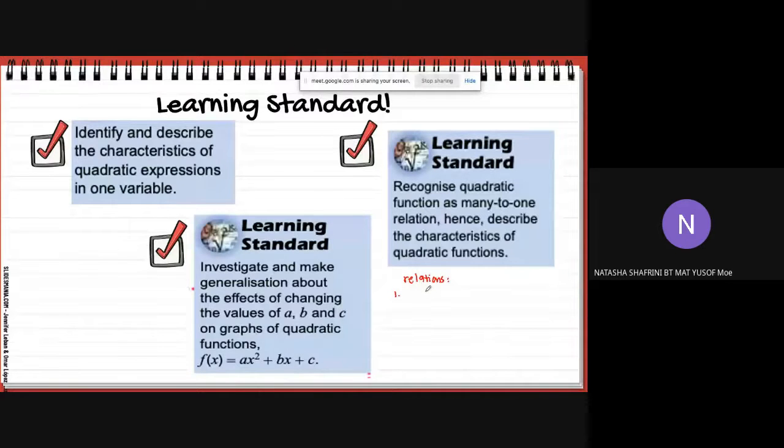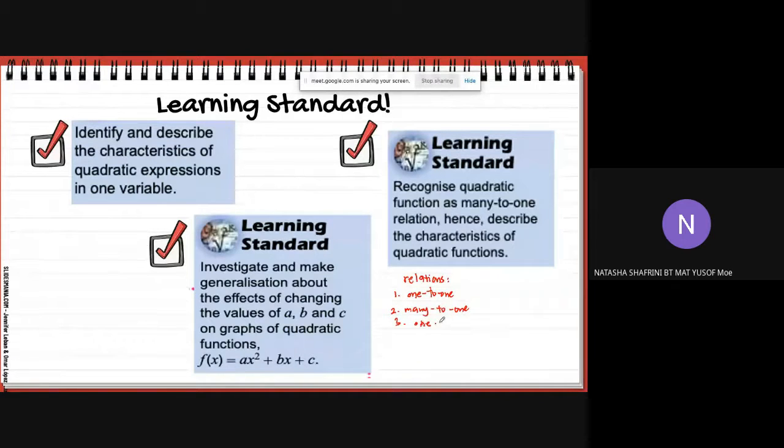One to one, okay. Dah ada yang jawab one to one, many to one, one to many, many to many. Okay, good. Sorry cikgu, tadi saya nak typing. Okay, tak apa.